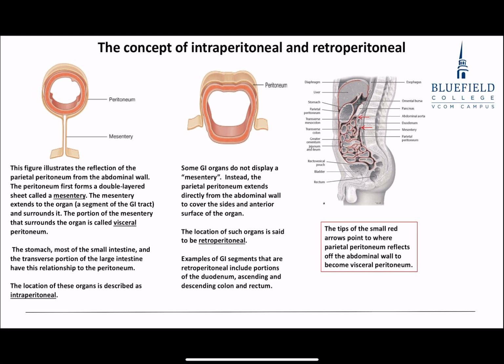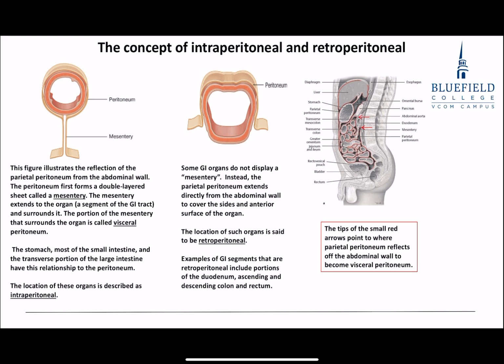This doesn't matter, but when you get to embryology, these organs that I just mentioned are going to be called secondarily retroperitoneal because they initially in the fetus were intraperitoneal, but then they just kind of outgrew their mesentery and got secondarily attached to the posterior abdominal wall.